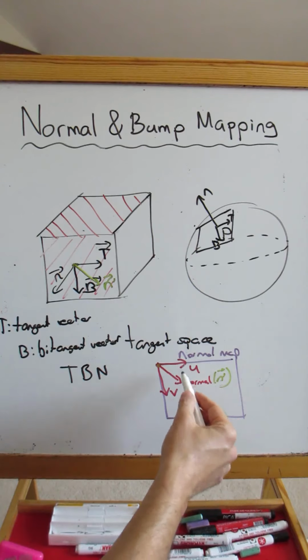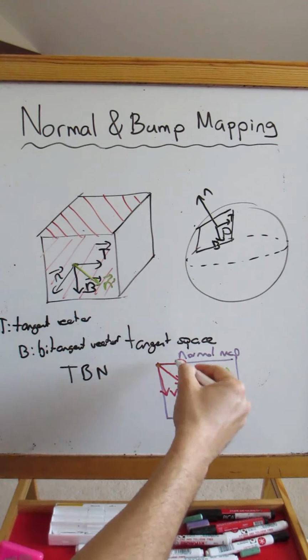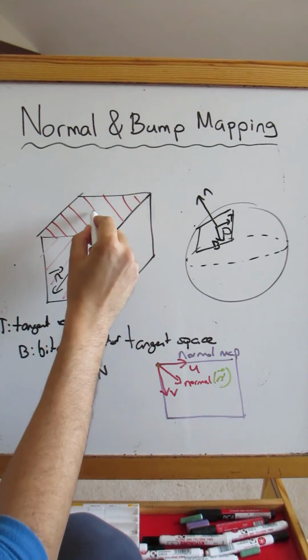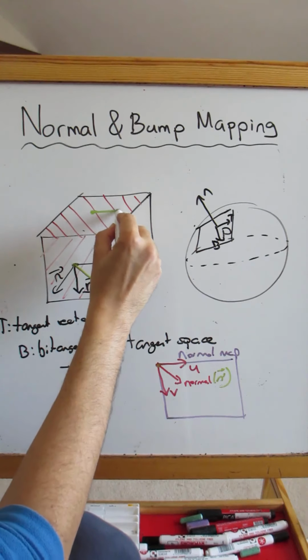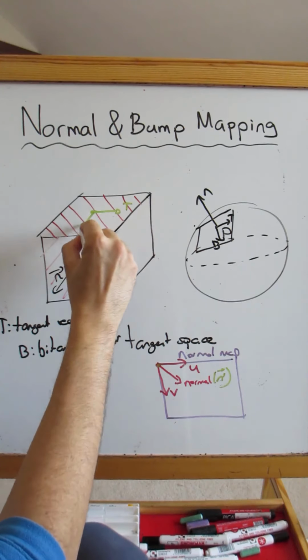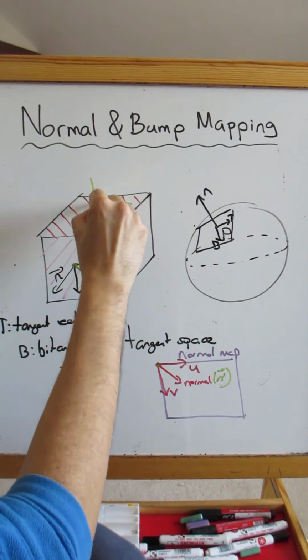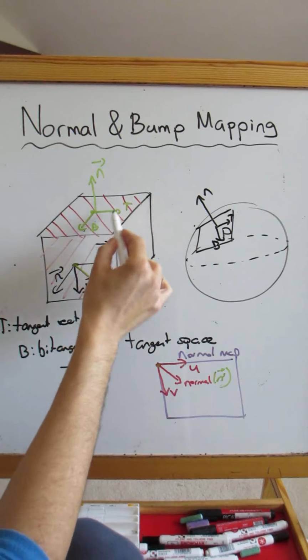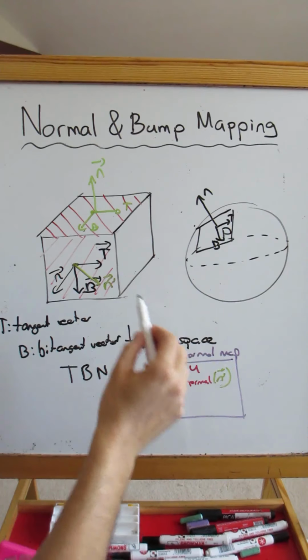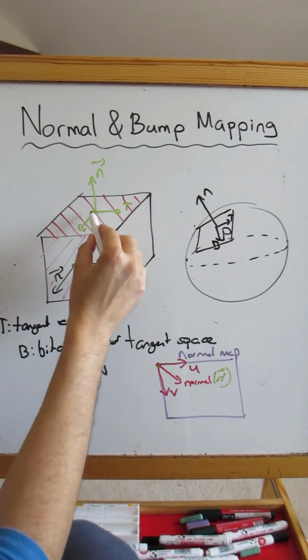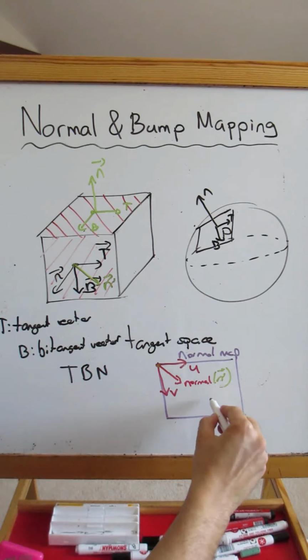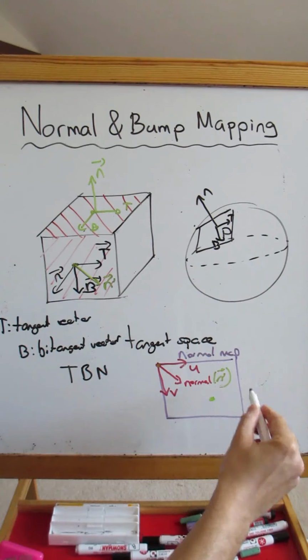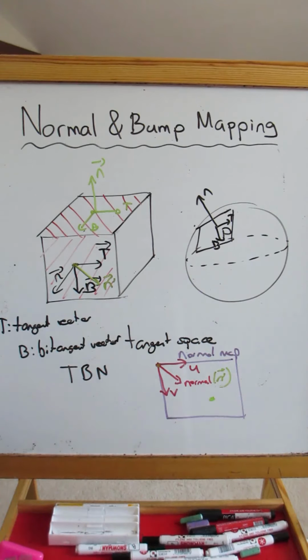In the same way, let's say I'm trying to apply the normal map for this point. Now this is the T, this is the B, and this is the geometric normal. This is the TBN coordinate system. Now when I want to take a normal from the normal map, let's say I want to take this normal here.